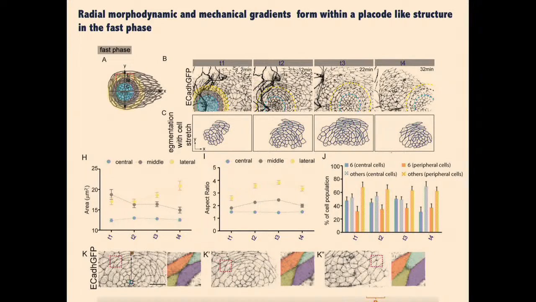But what was also interesting is that the central cells are, for a large part of this process, predominantly hexagonally packed, whereas the lateral cells, that includes both the middle cells and the outer cells, deviate from this hexagonal packing in that only about 30% of cells are hexagons. The majority of them have either far larger than 6 or far fewer than 6 sides.